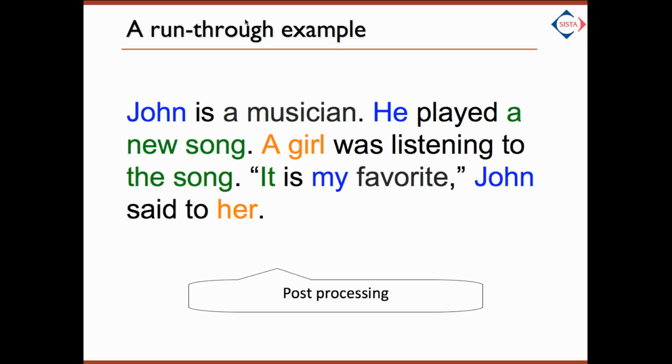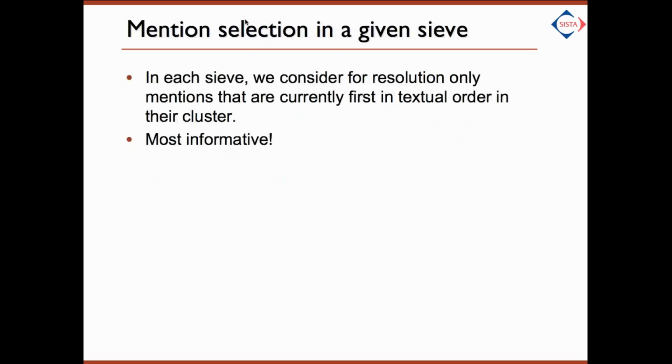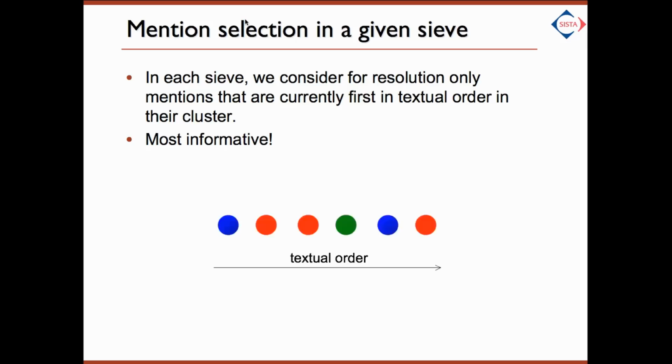Okay, before we move on to results, this is actually important. So you get your text and you have a bunch of mentions. Which ones do you actually use for coreference? So another observation we had was that it's always important to consider only the first mention in textual order in any given cluster.